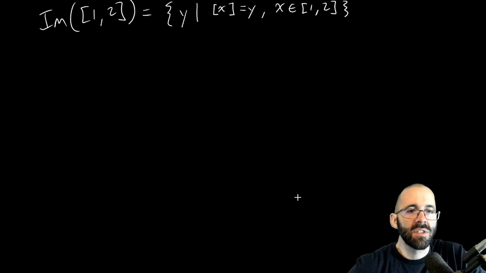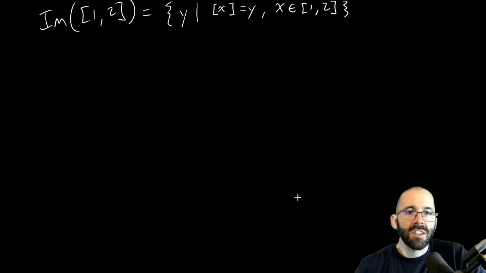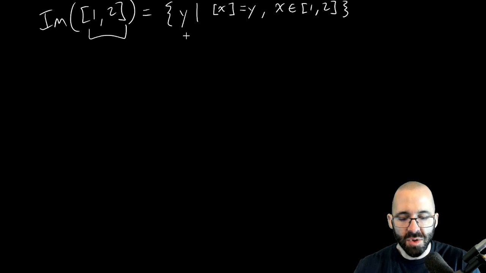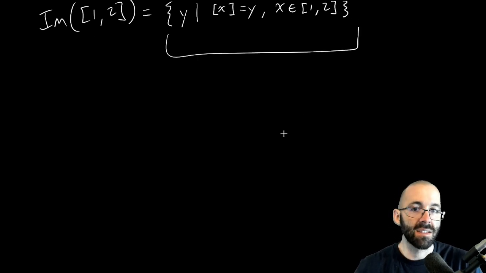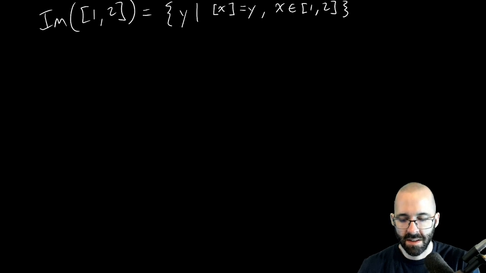So what is this image? We defined it intentionally, but we can also define this extensionally as well. It's a set of all outputs such that the input is in here. This is really the abstract definition of what image means. This right here is what image means.